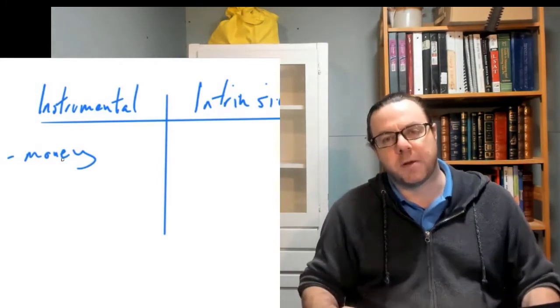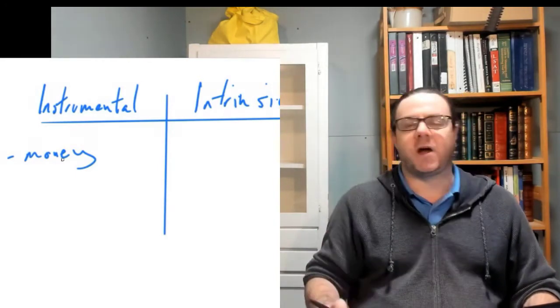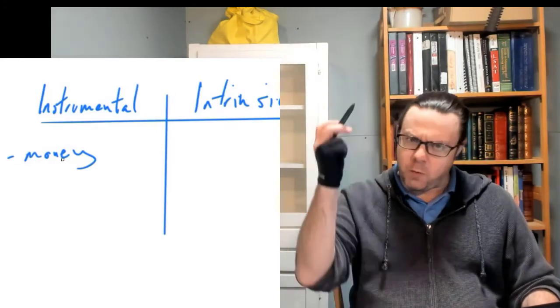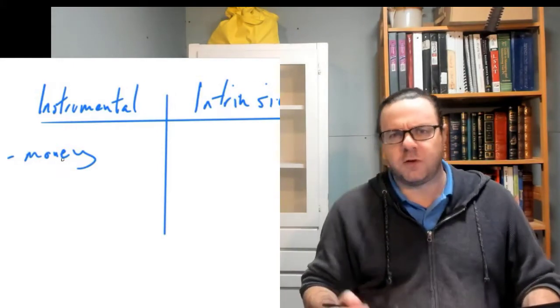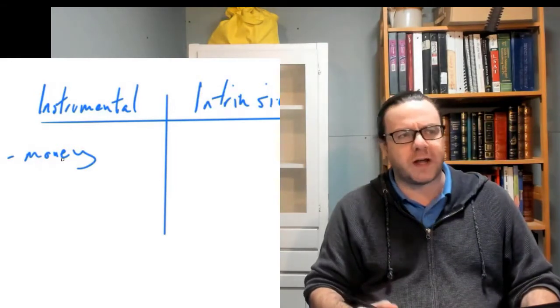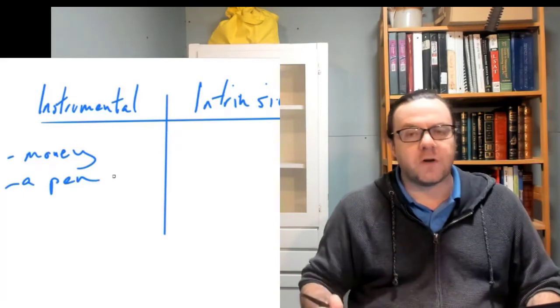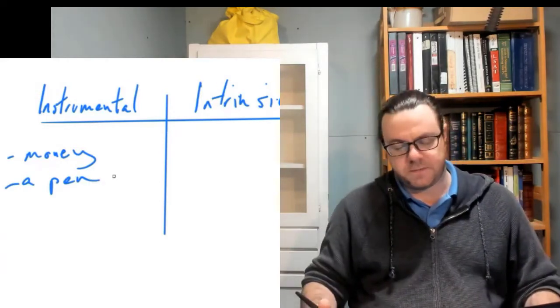Like for example, a pen. Having a pen, it's not just like, I want a pen. Why do you want a pen? Just because I want one, right? I mean, you wouldn't want it if it wasn't for its ability to write. It's only good insofar as you use it to get something else.